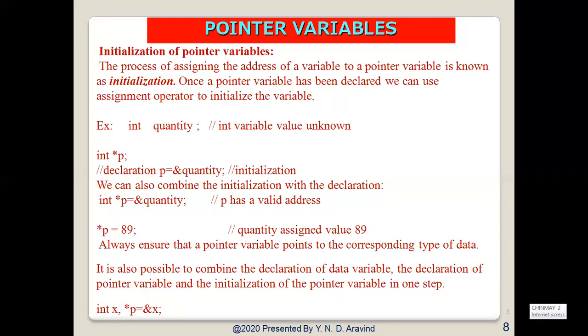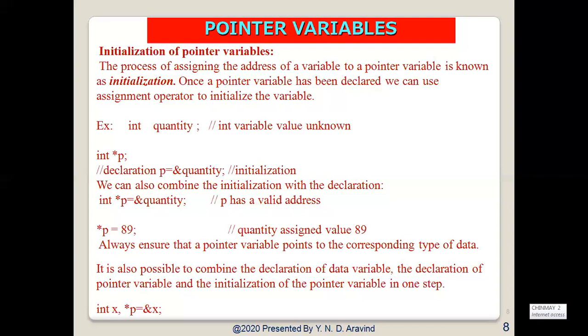If I want, I can write int pointer p, or int pointer p is equal to ampersand quantity. Both are valid. I can assign the values to the pointer variable separately, or at the time of declaration itself.